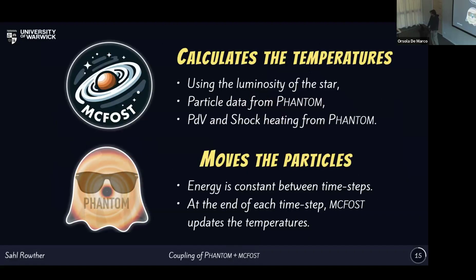So to calculate this thermodynamics in the simulation, we use radiative transfer, which doesn't involve the energies between time steps. Instead, we use a Monte Carlo method to transport photons throughout the disk to obtain the temperature structure of the disk.